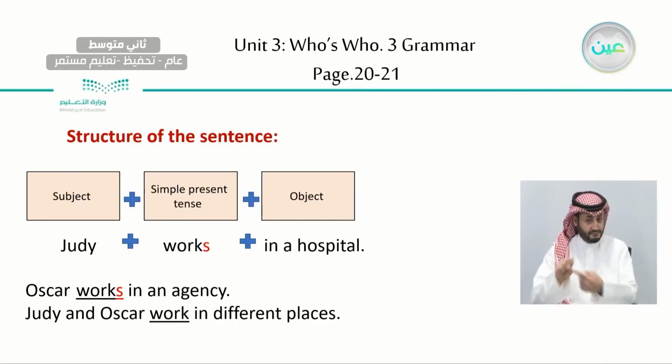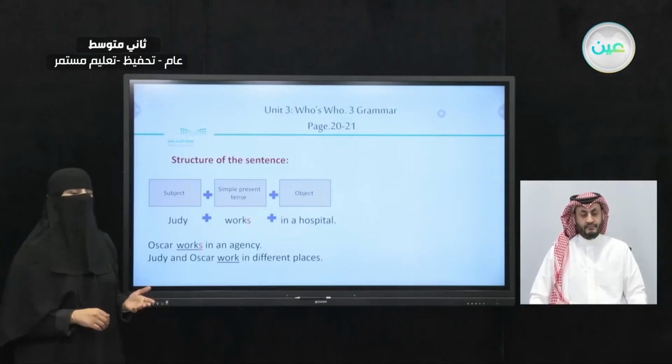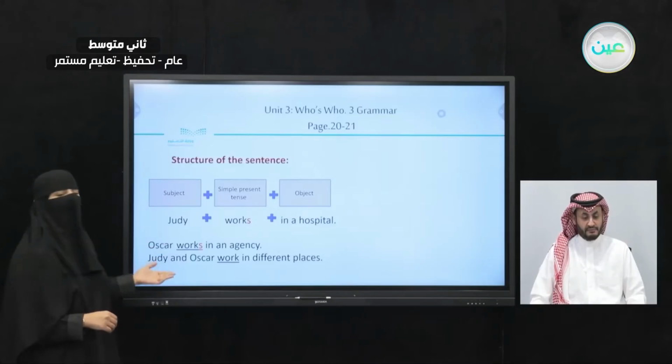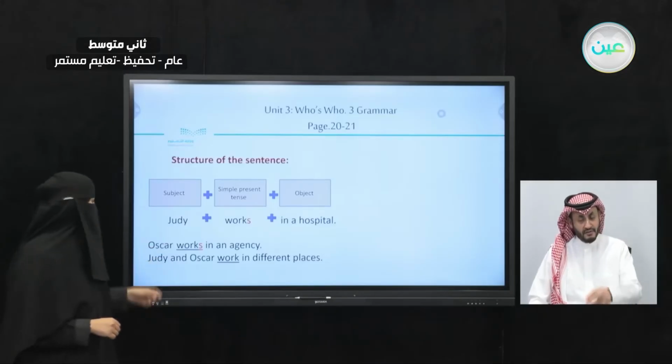We have in a hospital. So the structure, subject, simple present tense verb, and then we have object. Let's read the sentence. Judy works in a hospital. This is one example. Let's take a look at two more examples here.